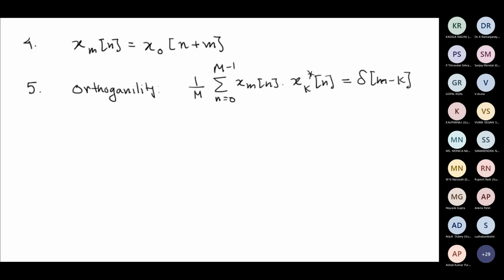So this is an important property in terms of the way CSS signals are handled in the discrete domain, that we have our orthogonality preserved in the discrete domain as well.